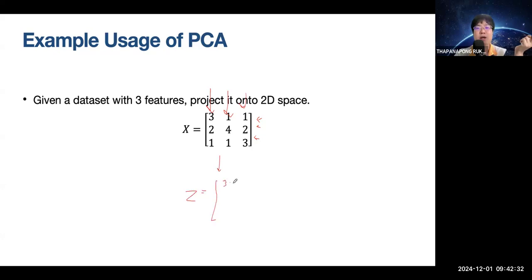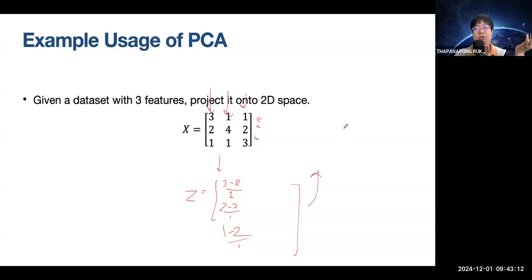So you have 3 minus the mean, the mean of 1, 2, 3 is 2, and the standard deviation is the square root of the sum of squares divided by n minus 1. So this should have 1 SD, right? And then you do the same with everything in the column. So you standardize this first, and once you get C, then you can find eigenvalue and eigenvector.